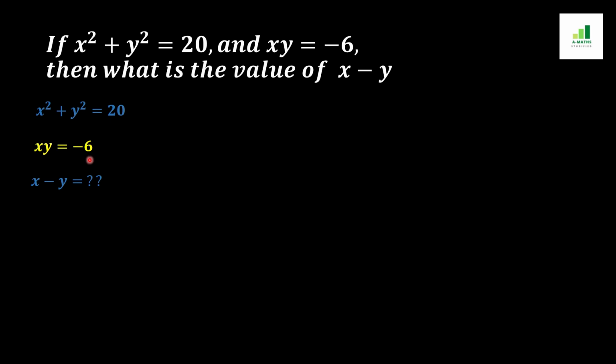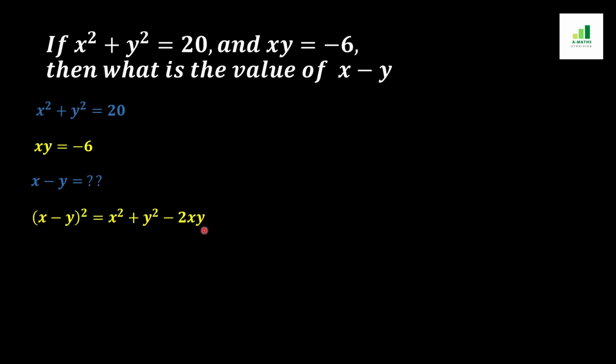In order to find the value of x minus y, as we know, the whole square of x minus y will be equal to x square plus y square minus 2xy.